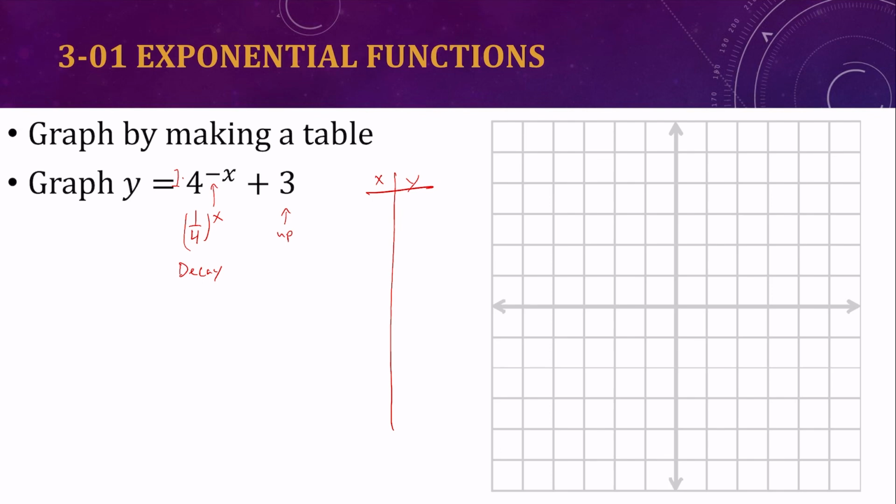All right, so a table of useful numbers. Negative 2 is 19, negative 1 is 7, 0 is 4, 1 is 3.25, 2 is 3.06, 3 is 3.02, 4 is 3.00, 5 is 3.00, and 6 is also 3.00.